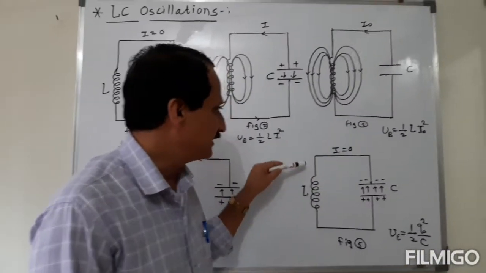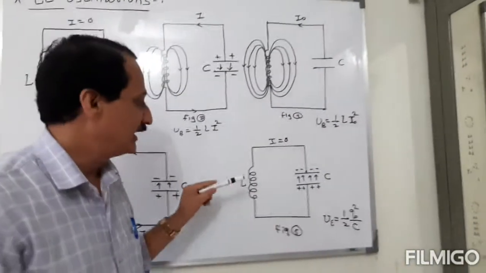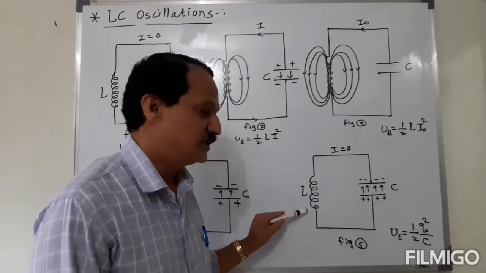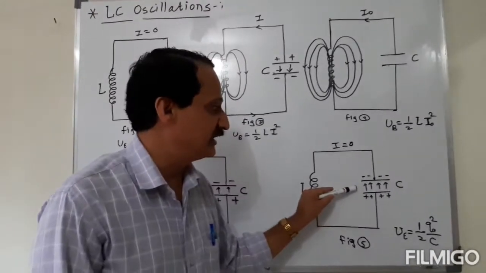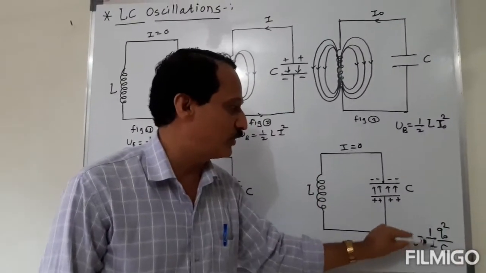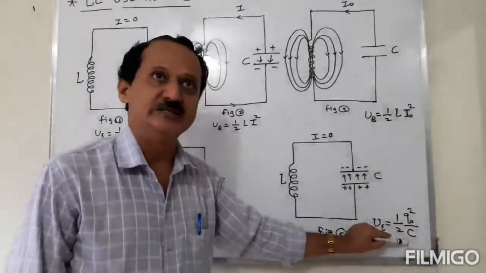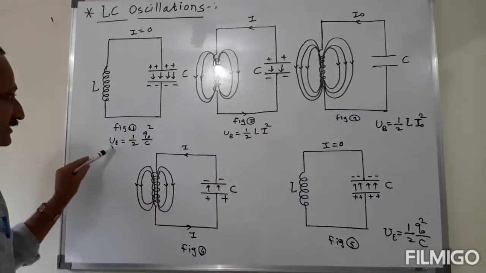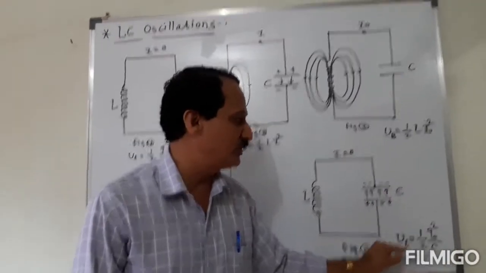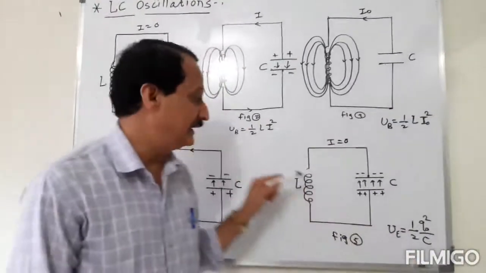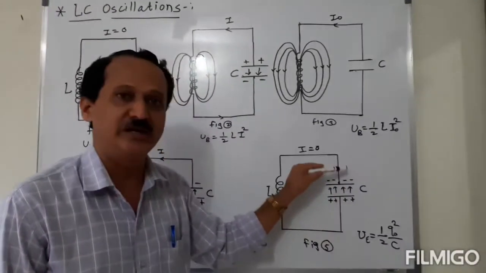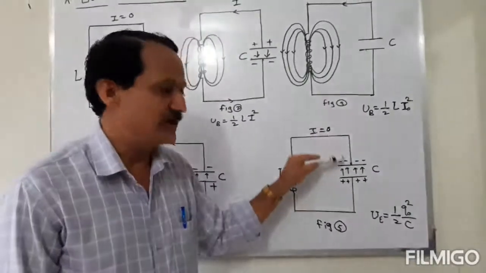Then the current flowing through the circuit becomes 0, and the magnetic field energy of the inductance coil also becomes 0, and the maximum electrostatic potential energy of the capacitor is again UE = 1/2 Q0 squared upon C. This energy is similar to the initial stage, meaning the entire magnetic field energy of the inductance coil is converted into electrostatic energy of the capacitor.